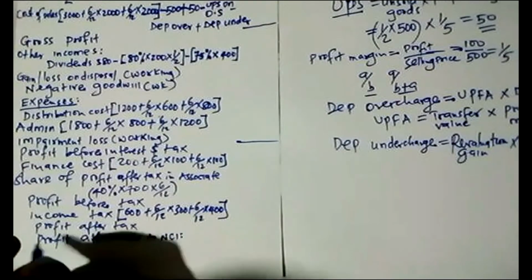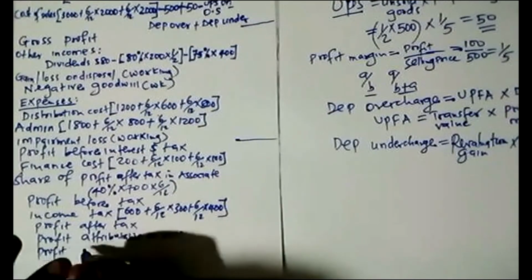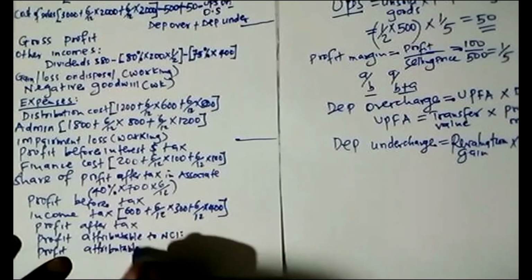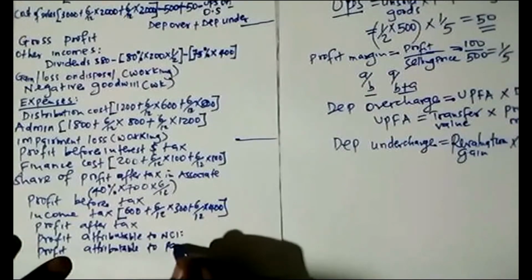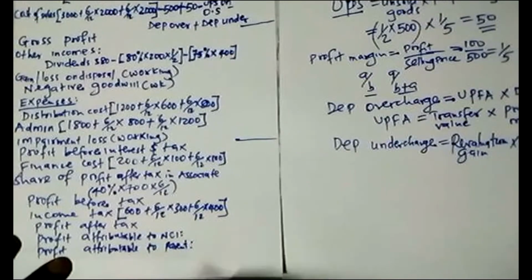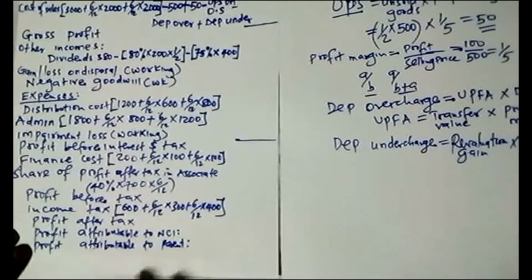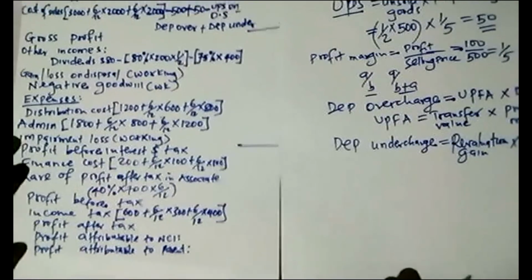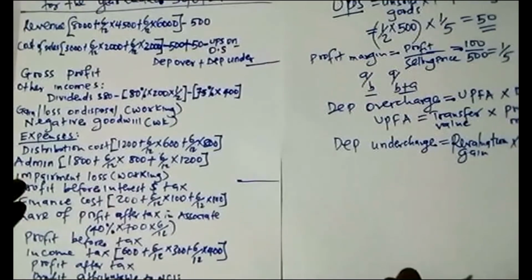Then profit attributable to parent. That is fine. So we can get the answers for the one we have already computed.